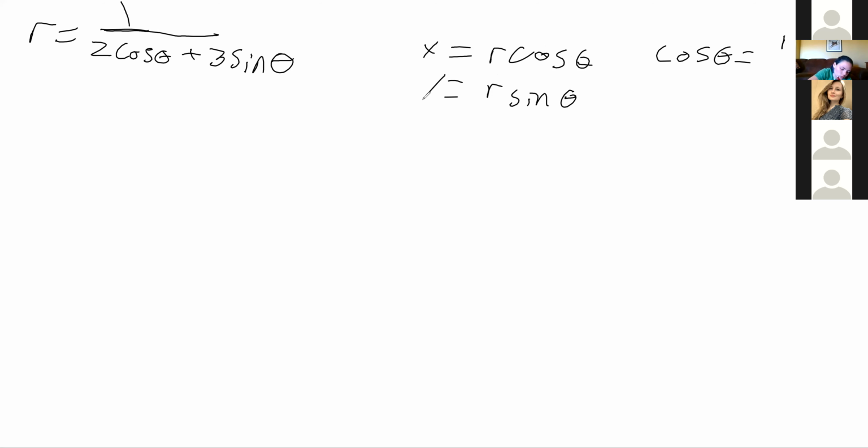There we go. I recognized it was upside down. We have x over r, and then sine theta equals y over r. And we can plug that in. Times x over r.